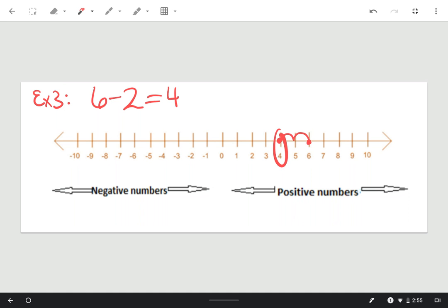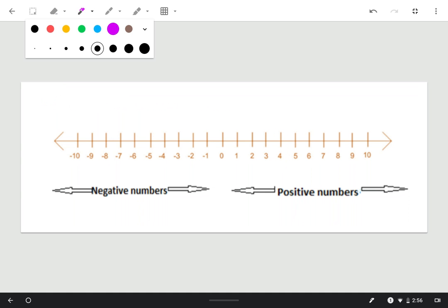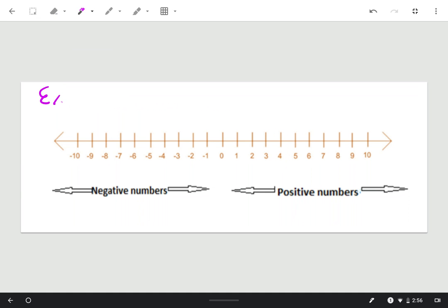All right, example number 4. Hopefully you're following along in your unit. Example number 4 says to subtract 5 from negative 3.